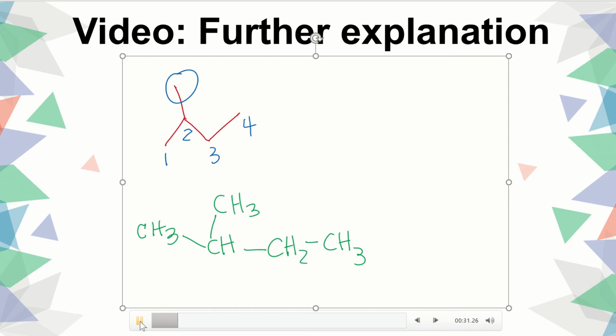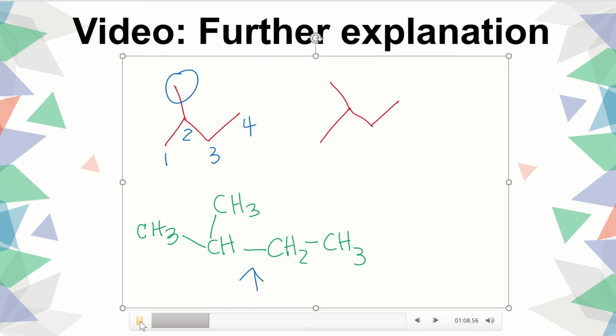The structure in green seen here represents the condensed version of the structure, and then of course we have the line version in red. I want to make it very clear how we convert from a condensed version to a line version, seen in red. So I'm going to redraw my methylbutane here.